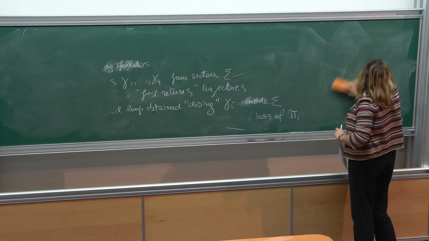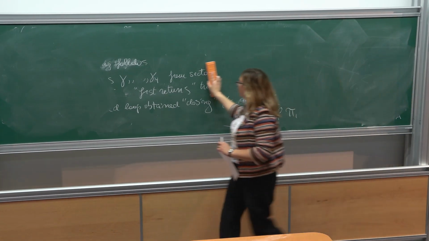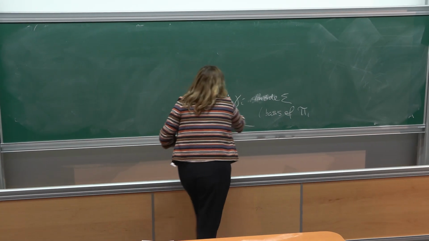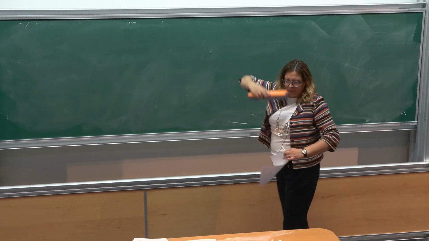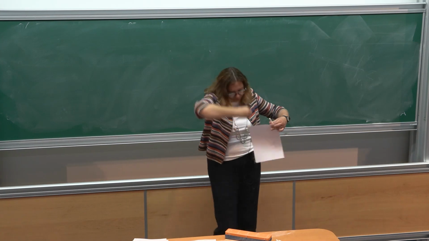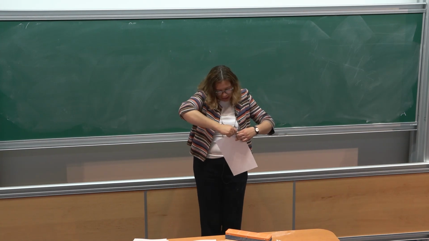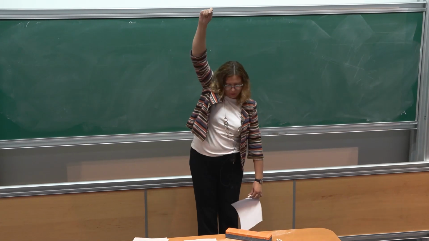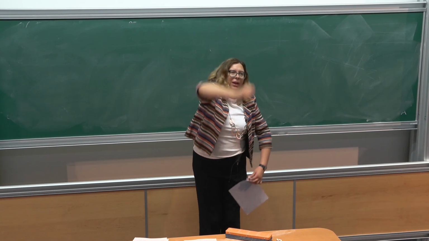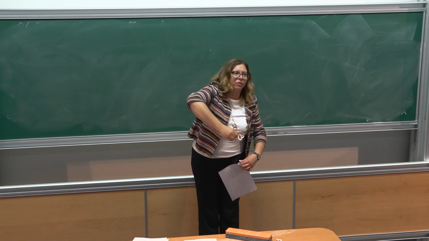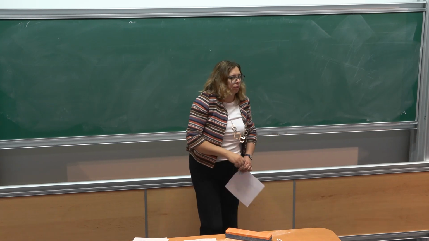Oh, sorry, I erased a nice picture of the curves, but hopefully you didn't forget it. Remember, we have these special first returns, and by inverse renormalization, by stretching them, we get a sequence of special longer returns.